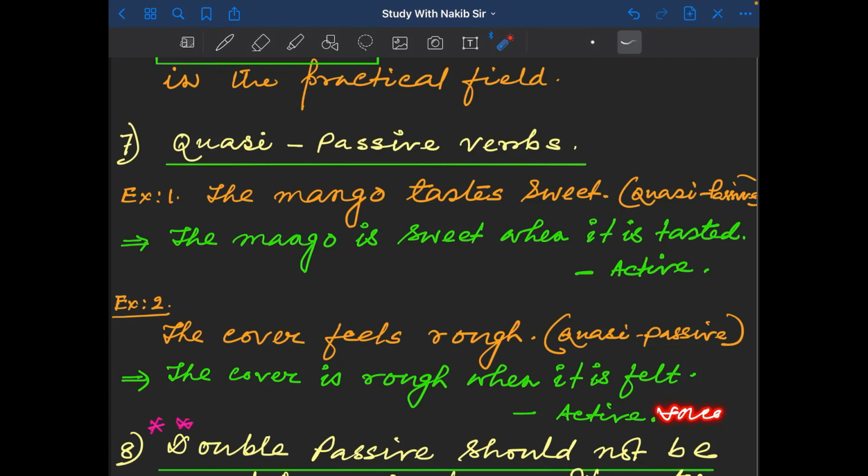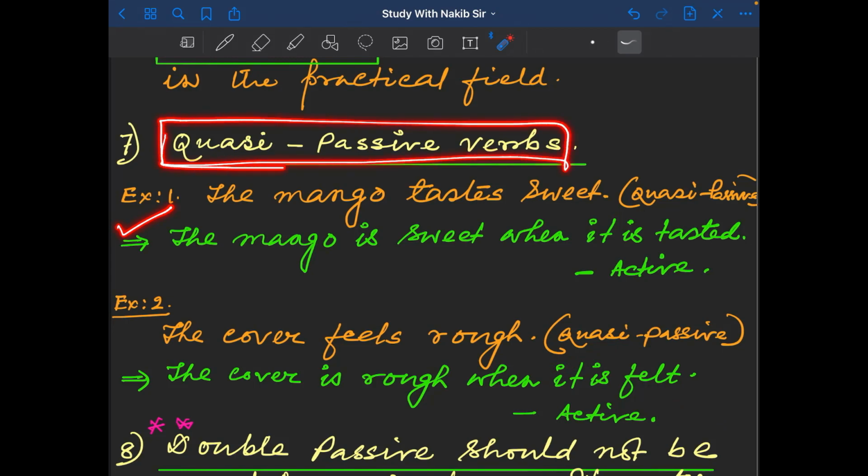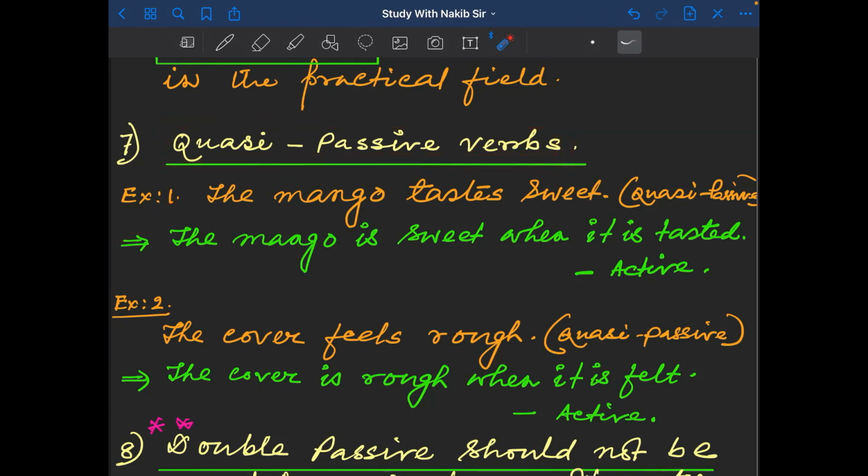Active voice. Okay. So these two sentences are the model of the quasi-passive verbs and their active voice.